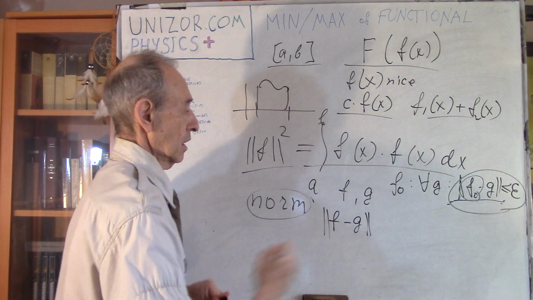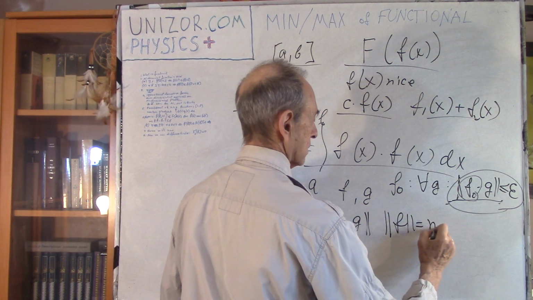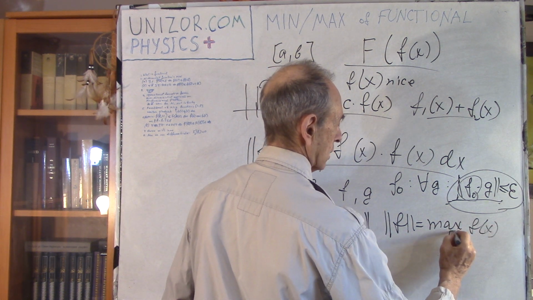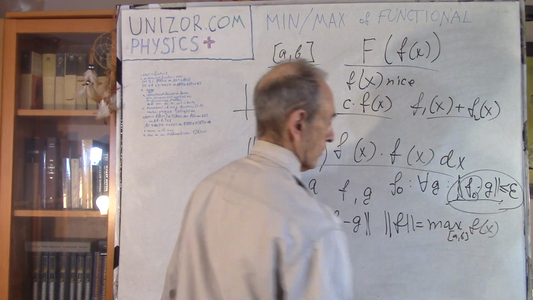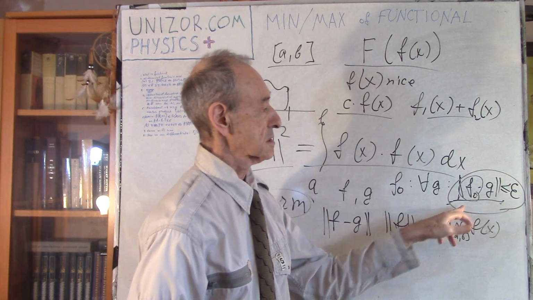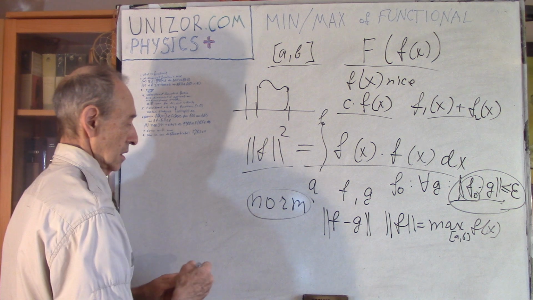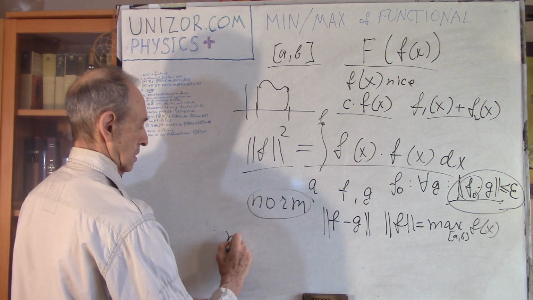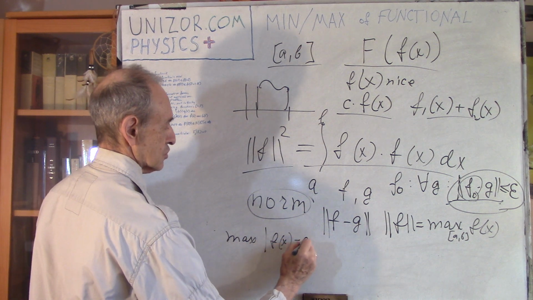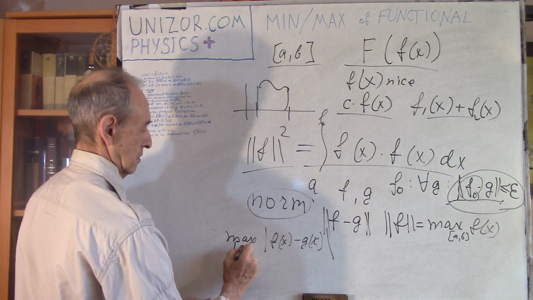For example, norm can be defined just as the maximum of f of x on AB. It's also a norm. And the distance between two different functions can be, again, the maximum of f of x minus g of x on AB.